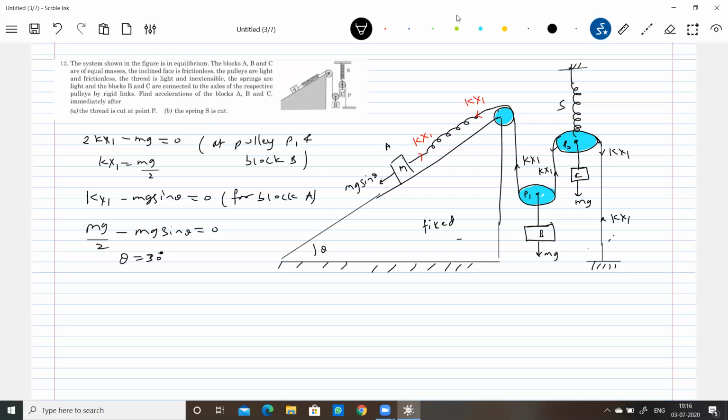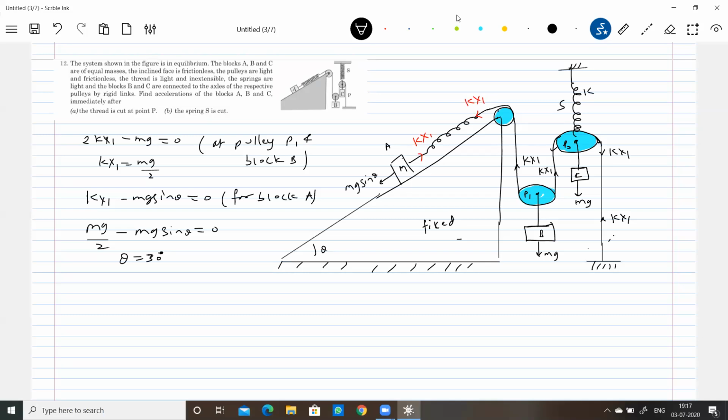It didn't say anything. There's no information about the spring. The pulleys are light and frictionless, the thread is light and inextensible, the springs are light. So the springs being light means the same identical condition. So let me assume K only. Sir, can you repeat why, sir? The springs are light and the blocks B and C are connected to axles of the respective pulleys by rigid links.